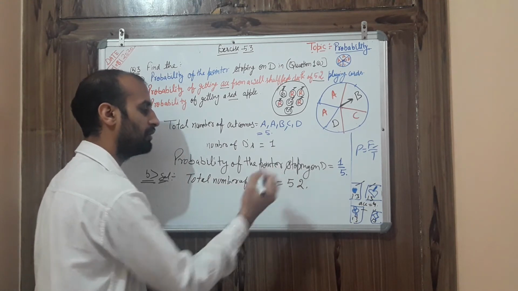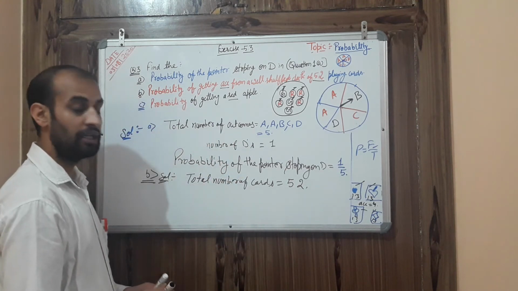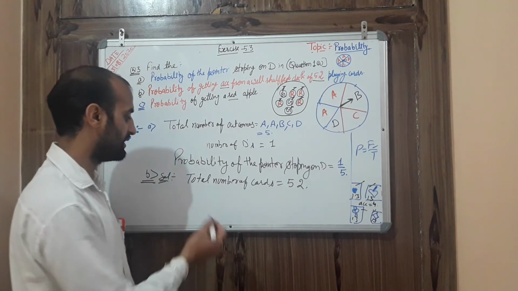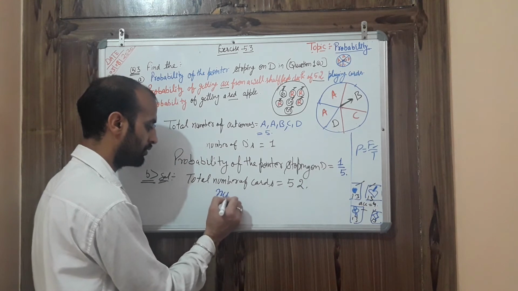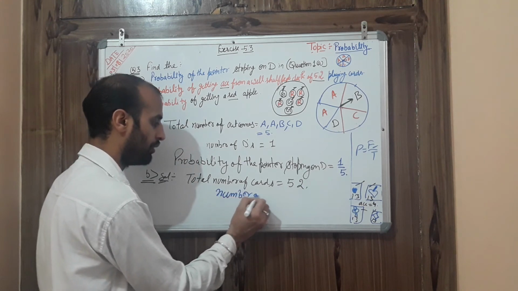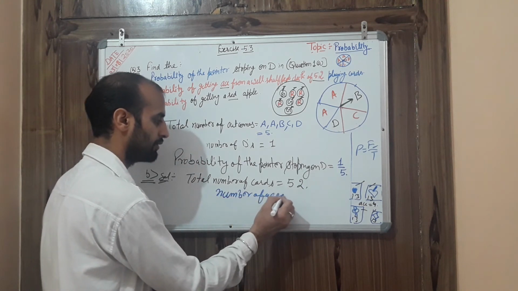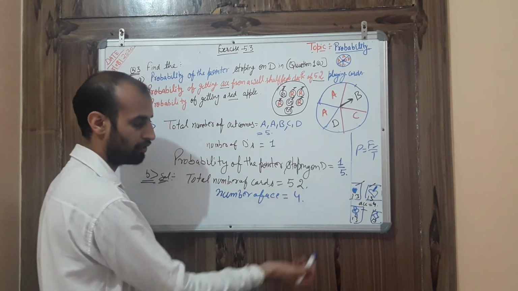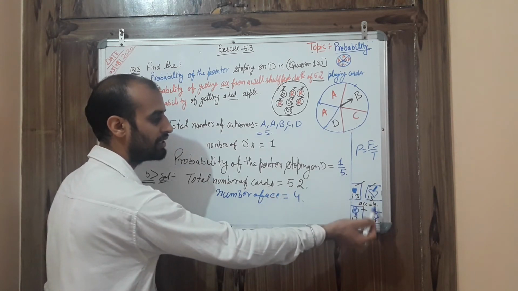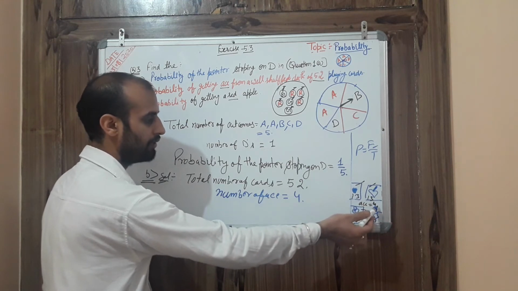Total number of cards we have is 52. It is given in the question. Second, how many aces are there? Number of aces is equal to 4, because in every category there is 1 ace.